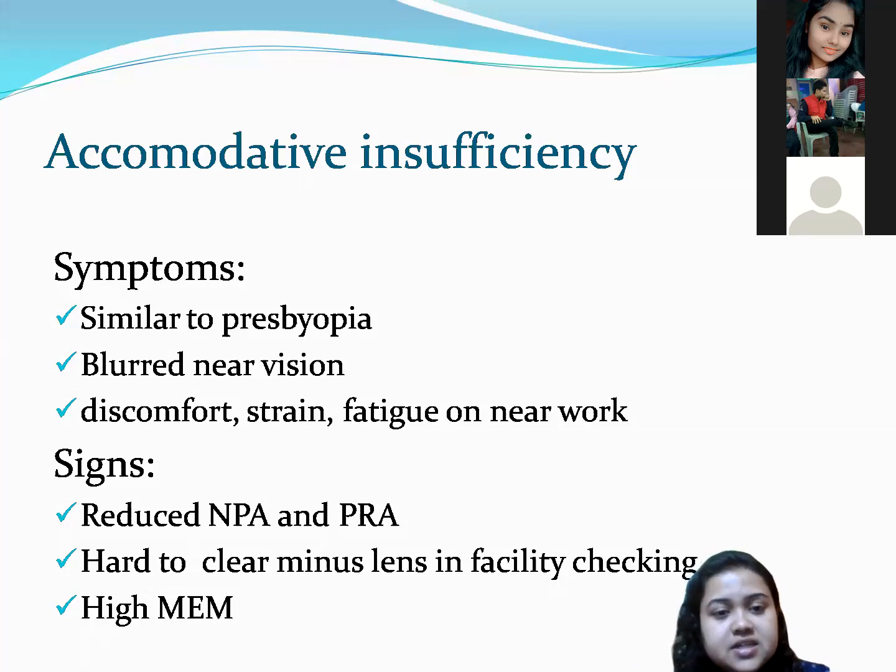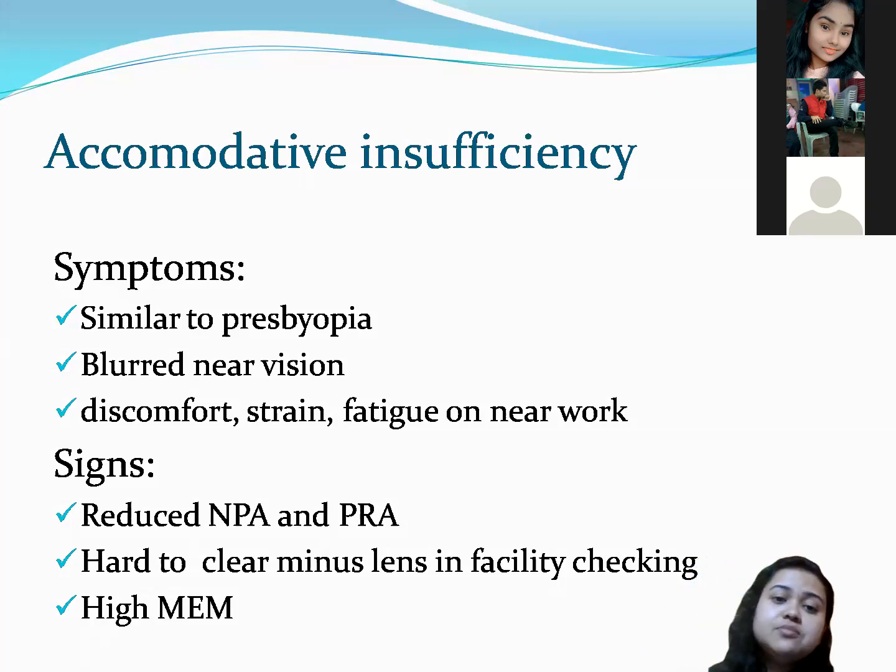But if the patient cannot clear the minus lenses, that means the patient has difficulty in stimulating the accommodation. That means he might have an accommodative insufficiency. Okay, so that is the case. If he cannot clear the plus lens properly, that means the patient cannot relax the accommodation.